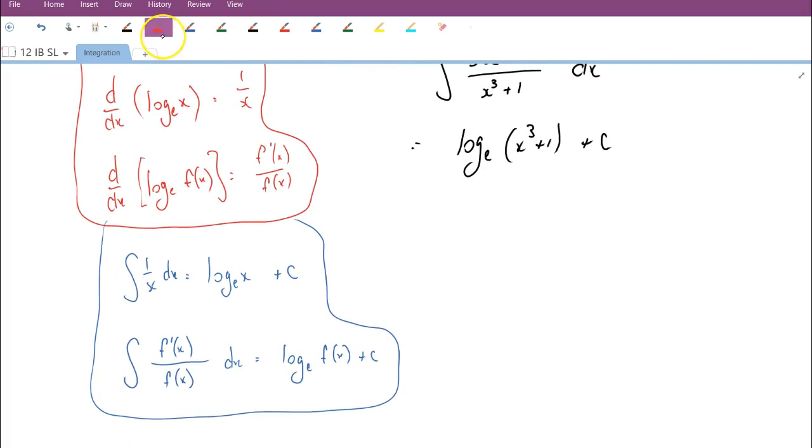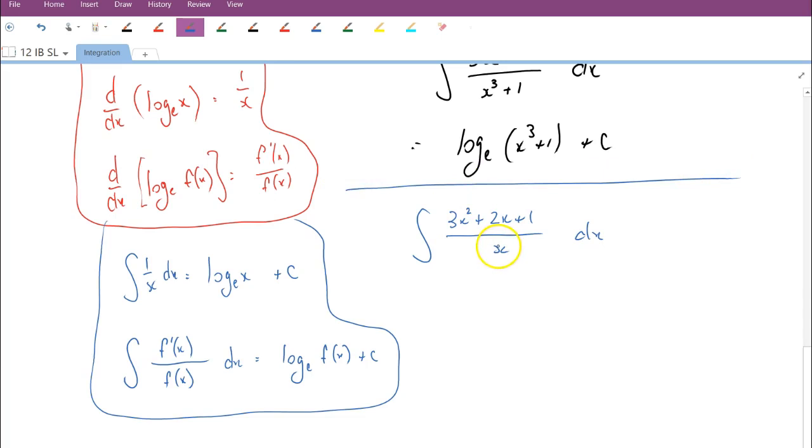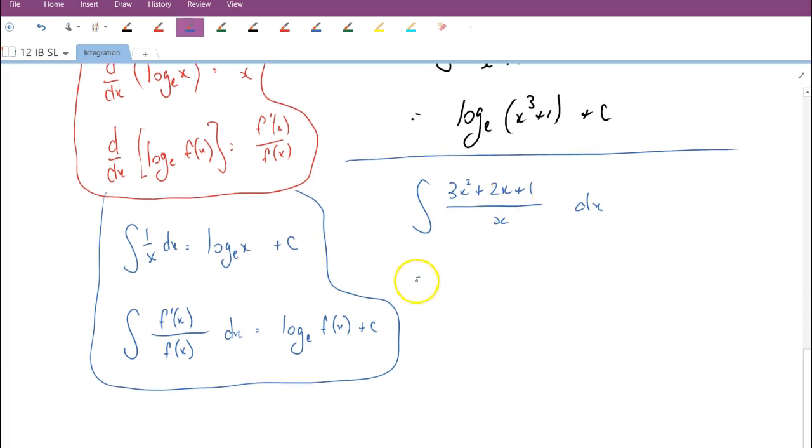One or two more examples. What about if we're trying to integrate something like, right, this big fraction here, 3x squared plus 2x plus 1 over x with respect to x. Right, now the derivative of this is 1, so that doesn't work. I've got one term in the denominator. What we should do in this case is integrate each fraction separately.